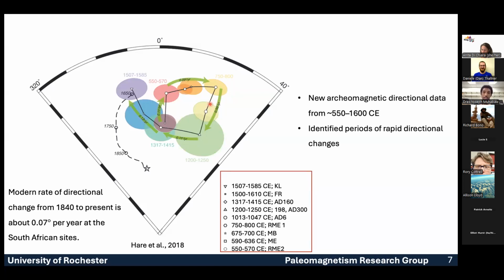So we are trying to fill the gaps and improve the directional changes in this Southern Africa area. They also identify some rapid changes in the late Iron Age, and yeah, all these rates are by far faster than the modern rate of changes in this region.